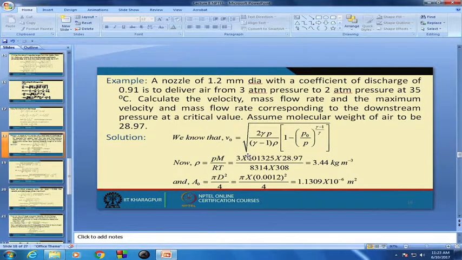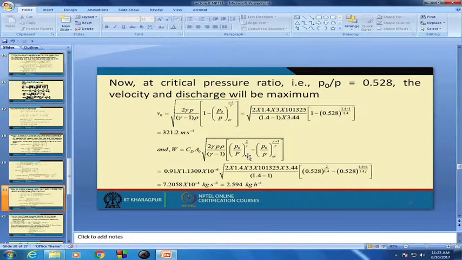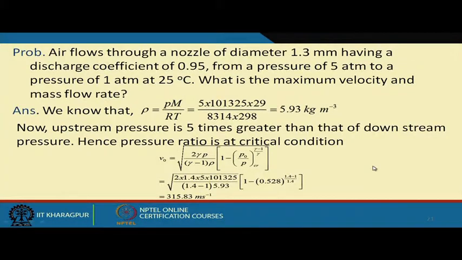It says air flows through a nozzle of diameter 1.3 millimeter having a discharge coefficient of 0.95 from a pressure of 5 atmosphere to a pressure of 1 atmosphere at 25 degrees centigrade.